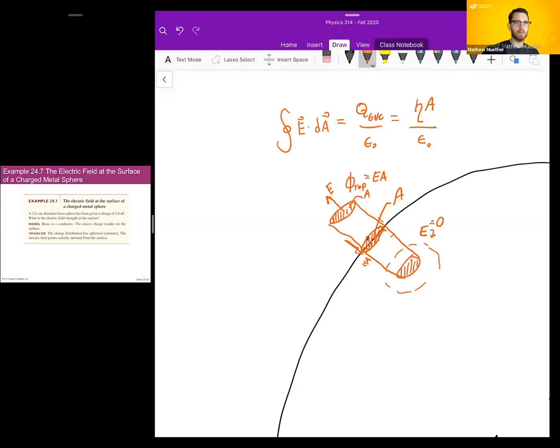And if the electric field is 0, then the flux through this surface has to also equal 0. So to get the total flux through that Gaussian surface, I know it's 0 through the sides, it's 0 through the bottom, so the total flux is just E times A. Now I can cancel out A, and I see that the electric field has to be the surface charge density divided by epsilon naught.